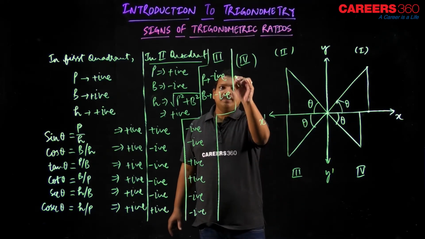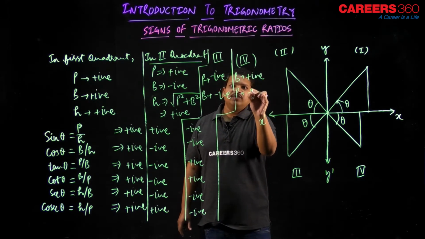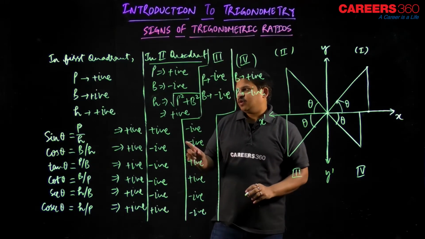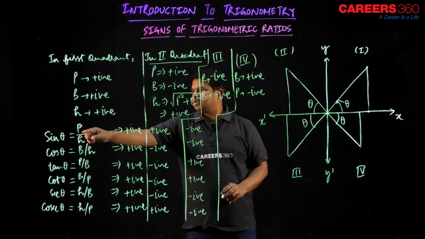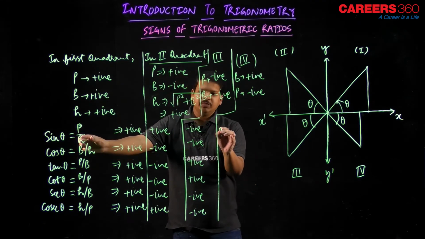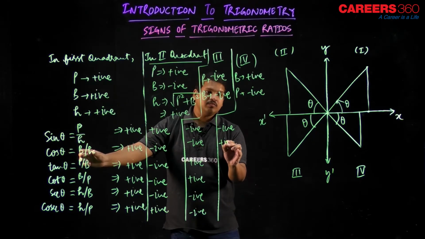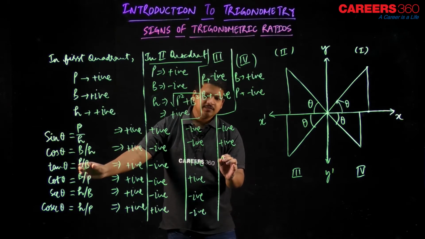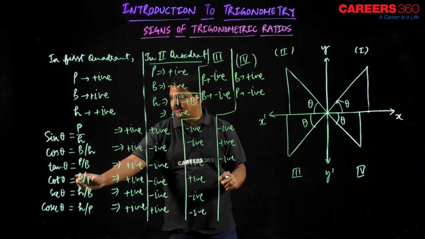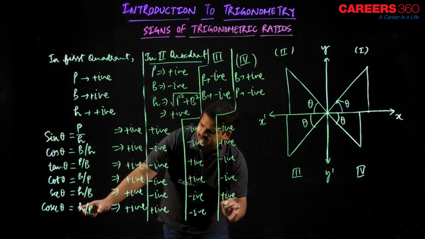So if base is positive and perpendicular is negative, sin theta is perpendicular upon hypotenuse, and this will be a negative value. This will be a positive value. This will be a negative value. Whenever this P comes, the value will become negative: negative, positive and negative.